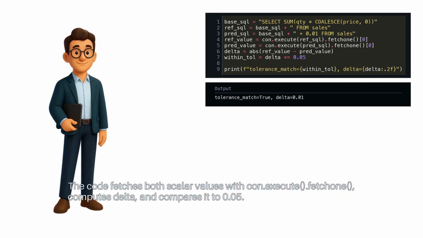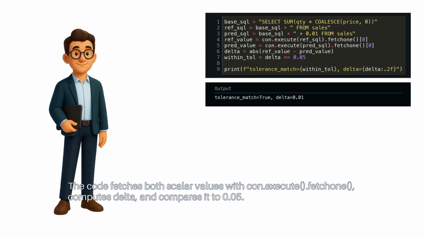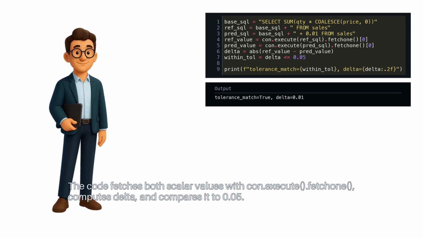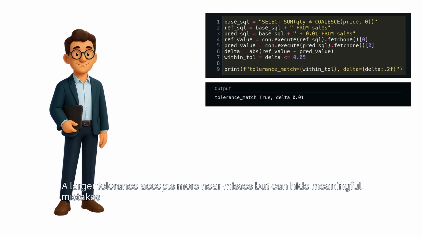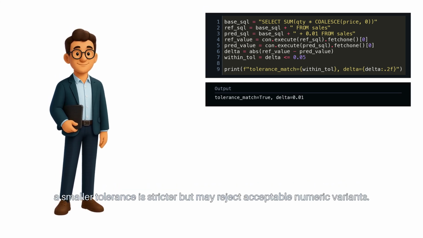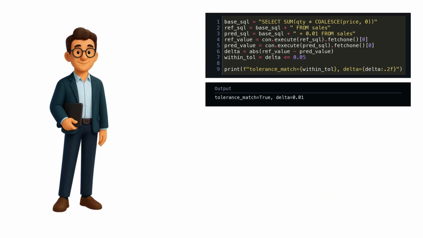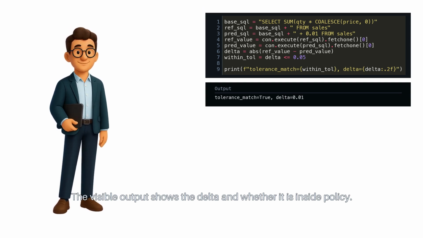The code fetches both scalar values with con.execute().fetchone(), computes delta, and compares it to 0.05. A larger tolerance accepts more near misses, but can hide meaningful mistakes. A smaller tolerance is stricter, but may reject acceptable numeric variance. The visible output shows the delta and whether it is inside policy.